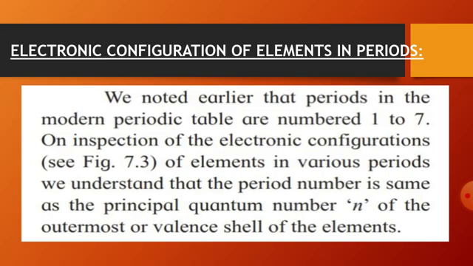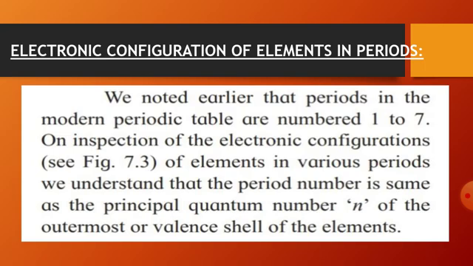As we noted earlier, periods in the modern periodic table are numbered 1 to 7: first period, second period, third period, fourth, fifth, sixth and seventh. There are 7 periods in the modern periodic table.